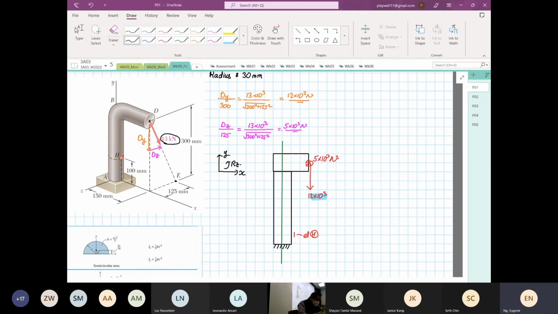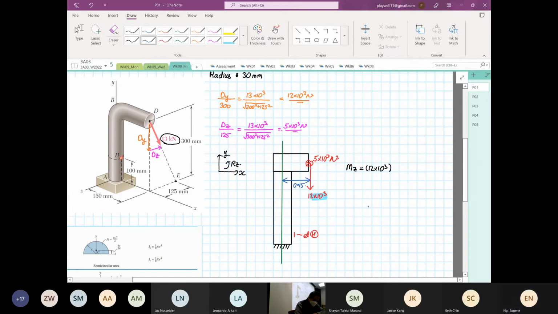The 12 kilonewton over here is going to induce two things. It's going to induce a moment about Z. So moment about Z is equal to 12 times 10 to the power 3, and we are made aware that the distance from here to the edge is 0.15.